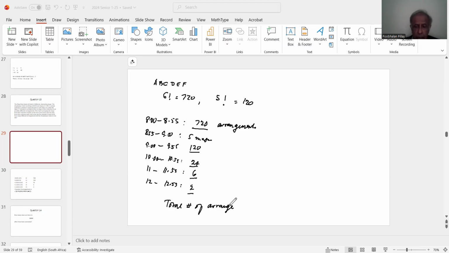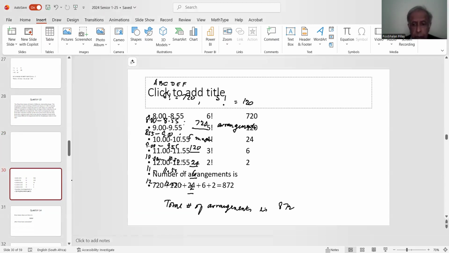The question is, how many arrangements does he make altogether? Simply, you just have to add all those numbers which have been underlined. So there you can see the answer is 872.